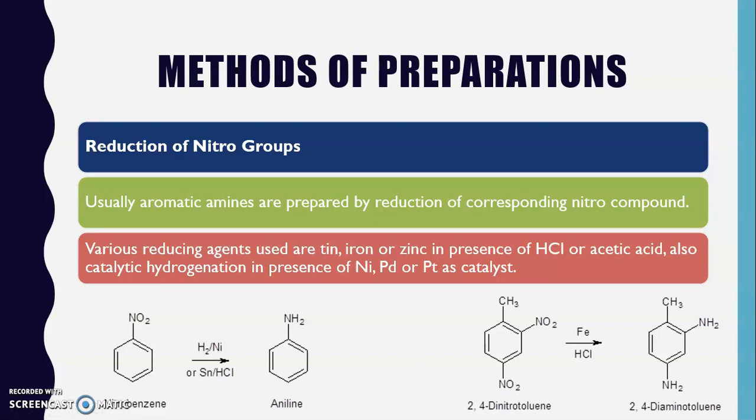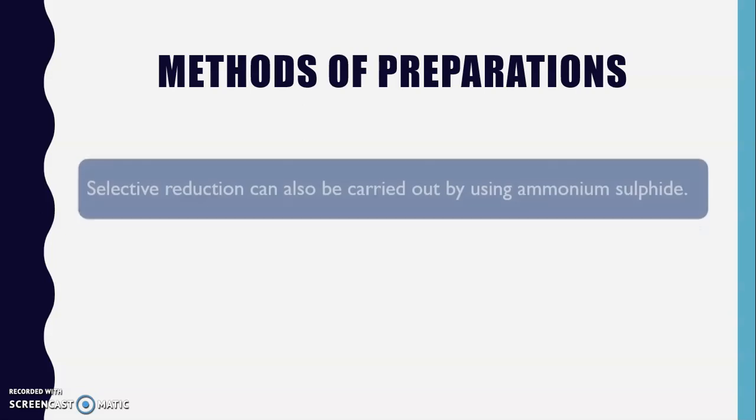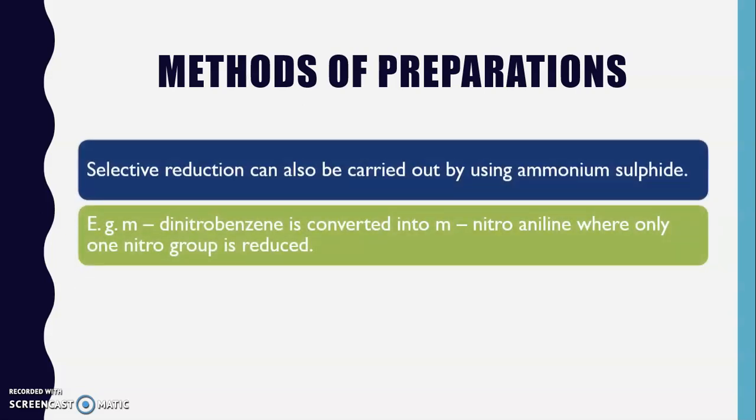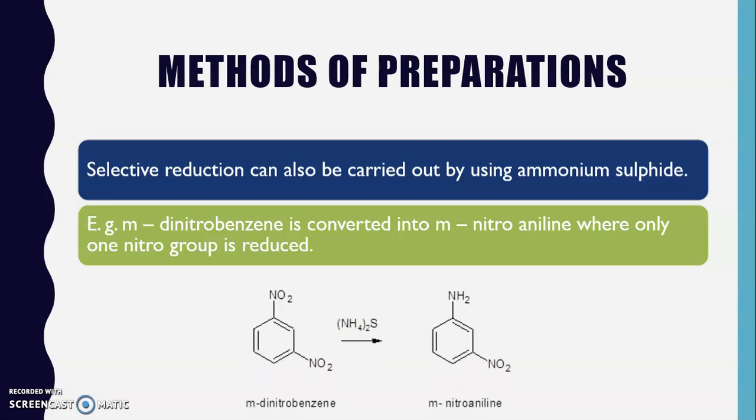Yes, by changing the reducing agent we can do this also, where if more than one nitro group is present, we can carry out the reduction of only a selective nitro group. For example, here we can use ammonium sulfide. Now dinitrobenzene is converted into m-nitroaniline, where only one nitro group is reduced.